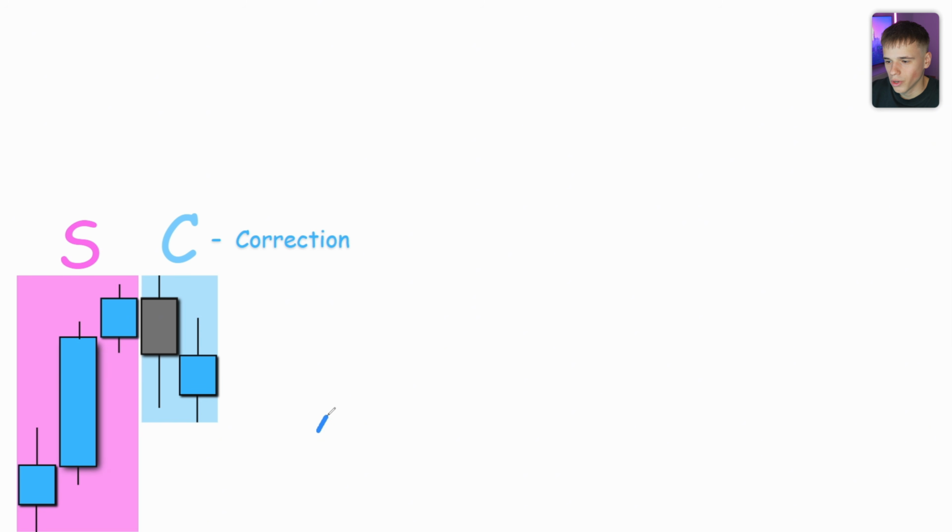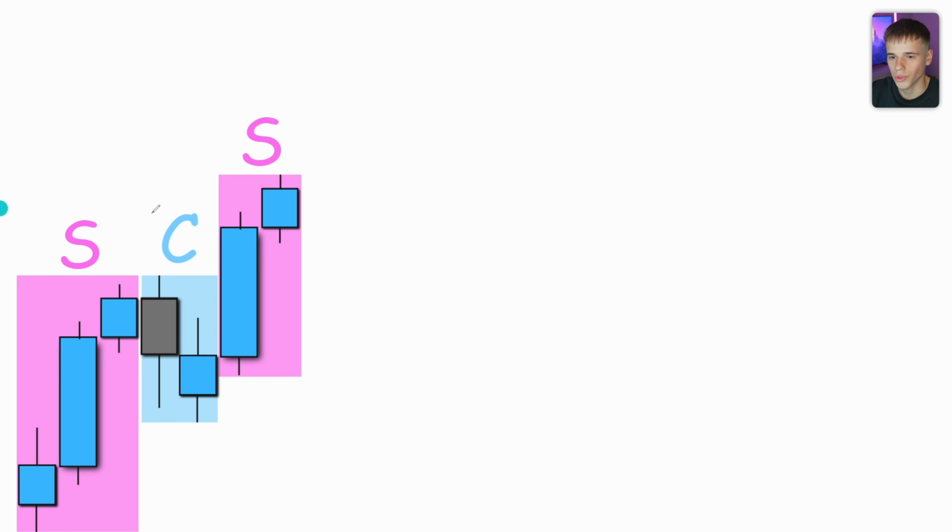So right now what we know is that we will always see some kind of structure in the market, which is just a simple push to one side in the market. After that we can expect some kind of correction, and then after that what we can expect is actually another structure. So this is another structure. So market is always going to move in these simple steps, which is just making structure, making correction, and then making another structure.